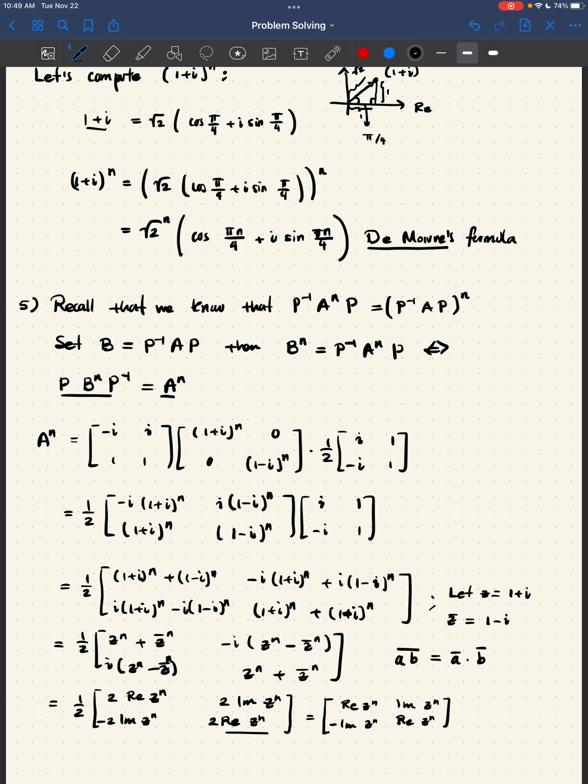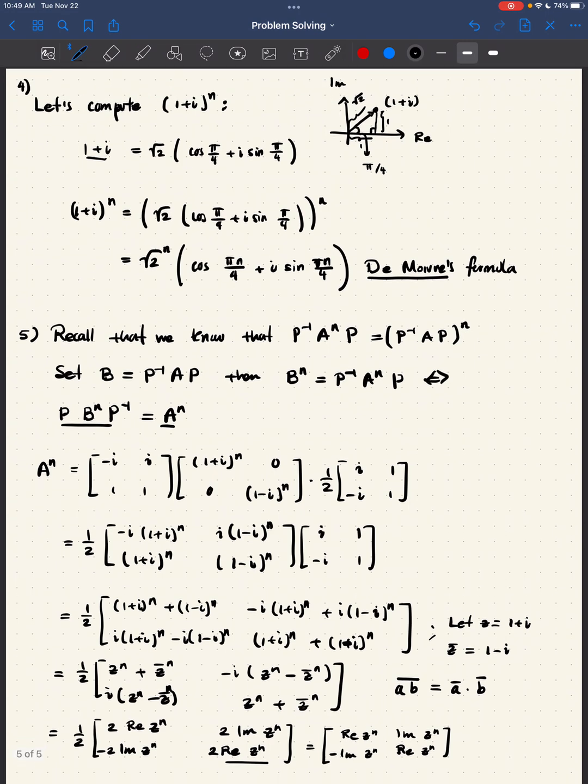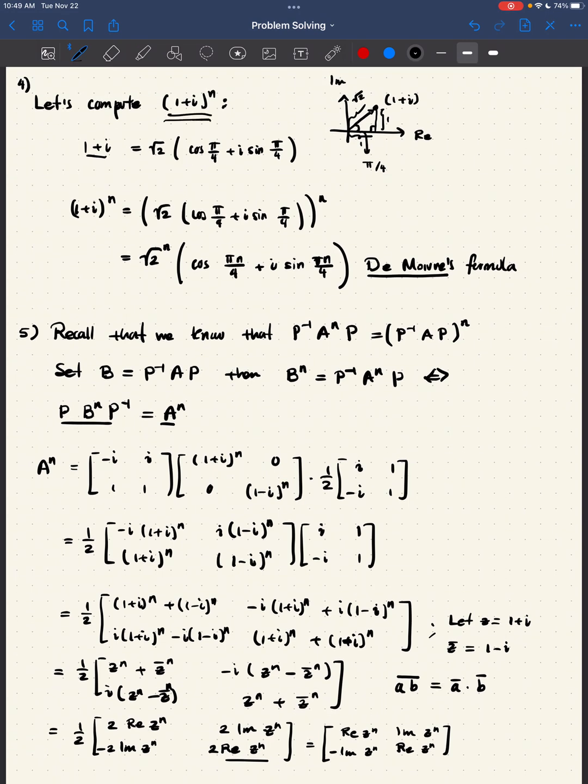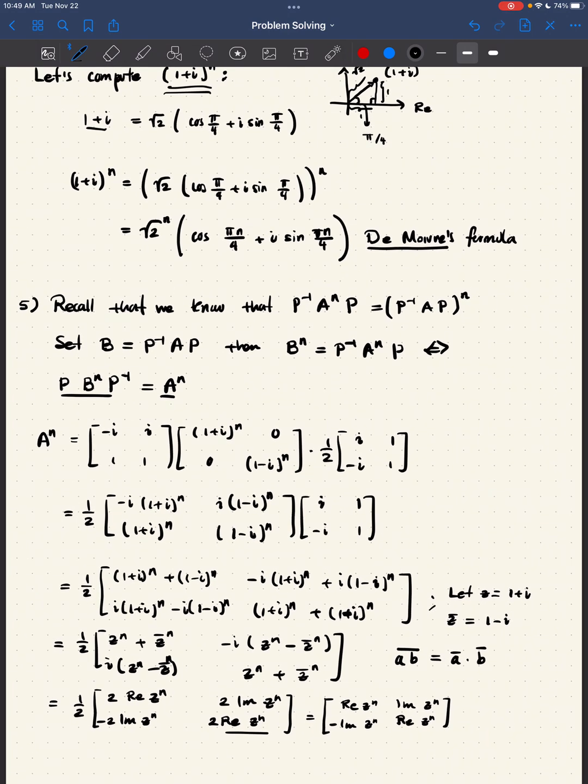Well, luckily, we already computed z to the n. So all that we need to do is to perform some extractions. So this has to be the following matrix: square root of 2 to the n times the cosine of pi n over 4.